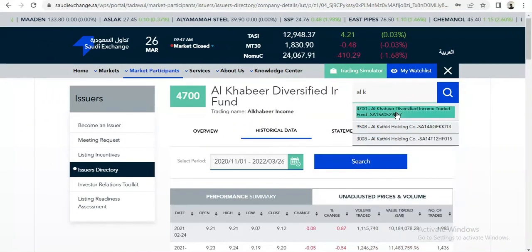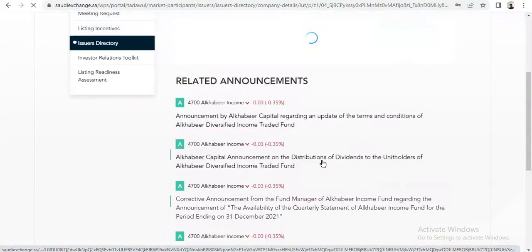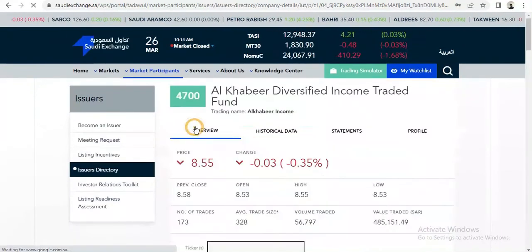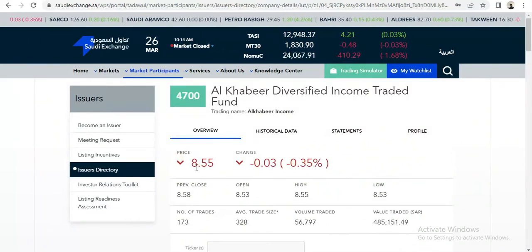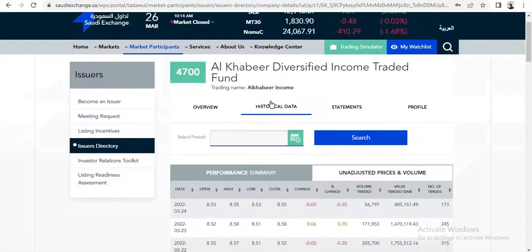So click select. Overview: right now this was the last day. Current price is 8.55 riyal, negative change of 0.03, 0.3%. Previous close, open, high, low, number of trades, average trade will appear. If you want to check the historical data, click historical data.